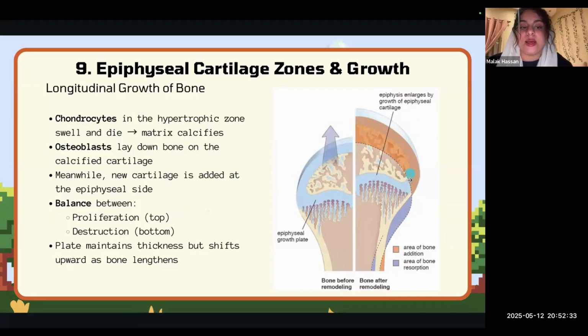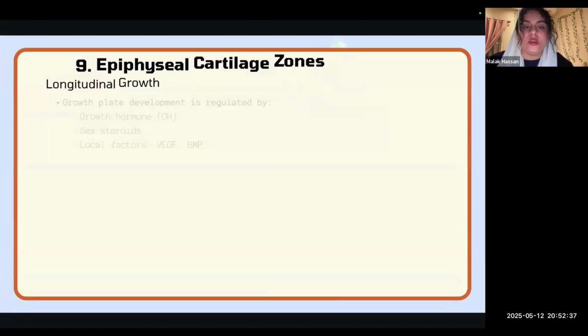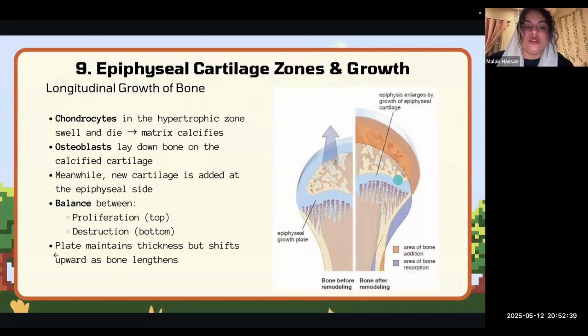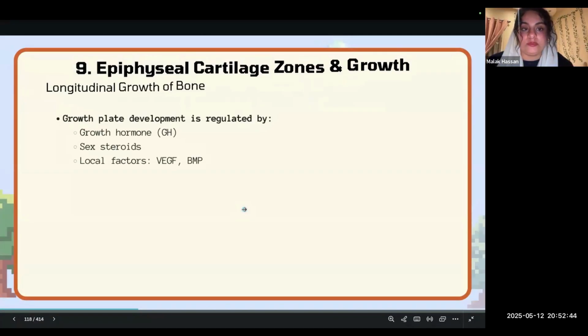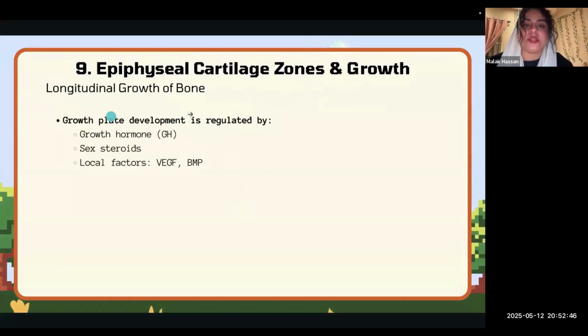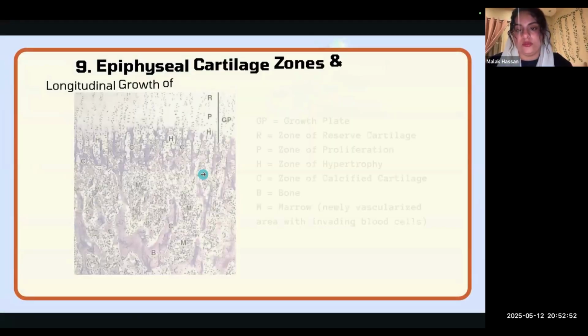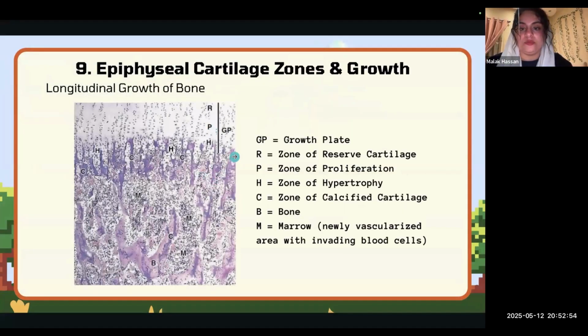This is basically a balance between proliferation from the top and destruction from the bottom. It's also important to note that the plate will maintain its thickness, but it shifts upwards as the bone lengthens. And the growth plate development is regulated by growth hormone, sex steroids, VEGF and bone morphogenic protein. Okay, this is just another picture.